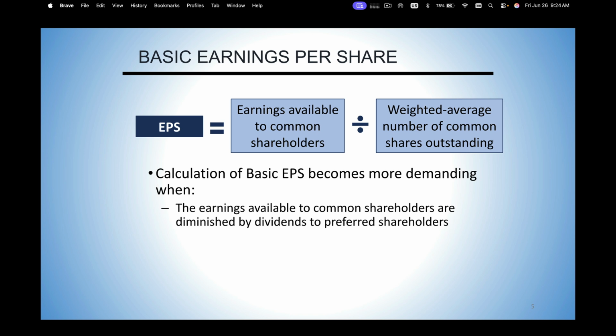So we reduce the earnings available to common to the extent that non-cumulative preferred dividends have been declared. We also need to consider the number of shares to the extent that they've changed during the reporting period. We'll go into both of those right now.